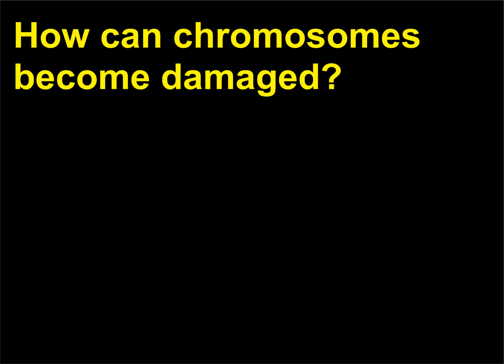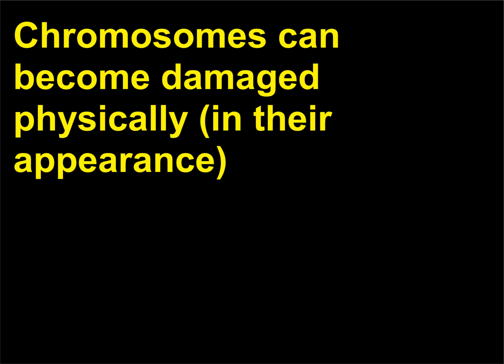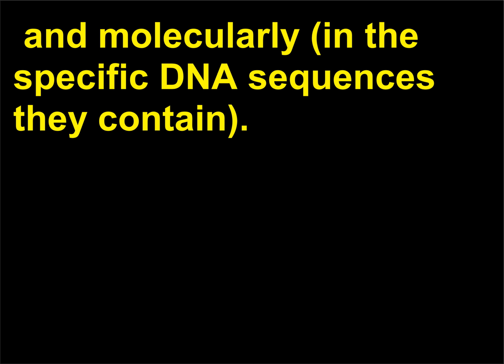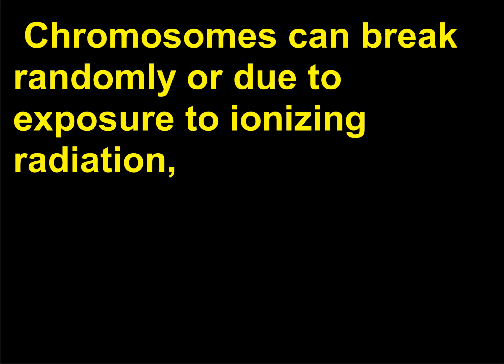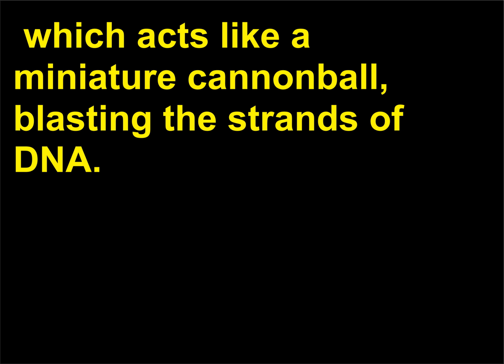How can chromosomes become damaged? Chromosomes can become damaged physically, in their appearance, and molecularly, in the specific DNA sequences they contain. Chromosomes can break randomly or due to exposure to ionizing radiation, which acts like a miniature cannonball, blasting the strands of DNA.